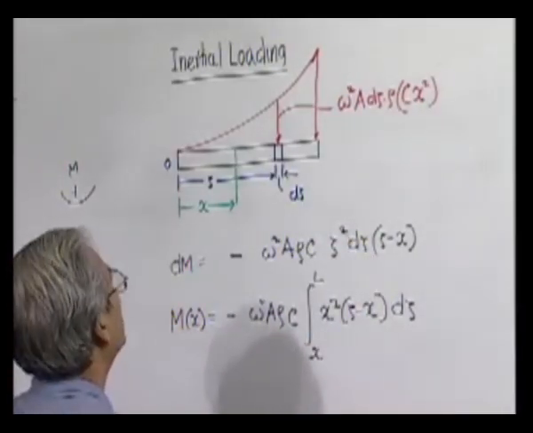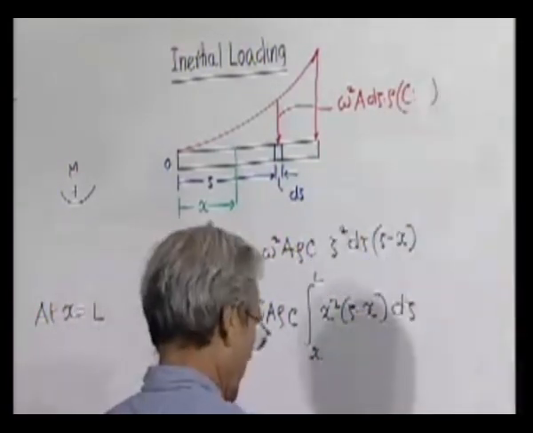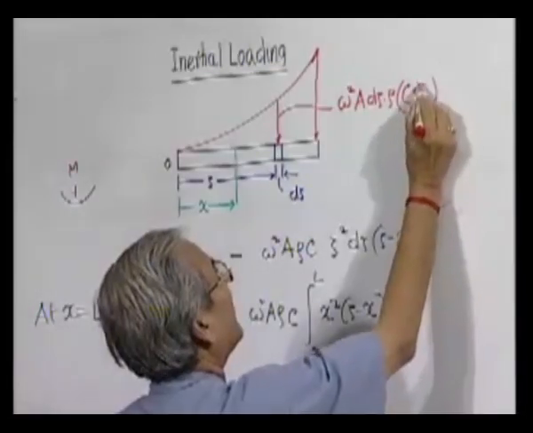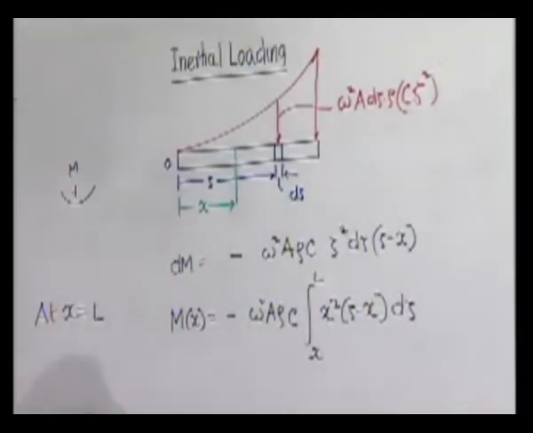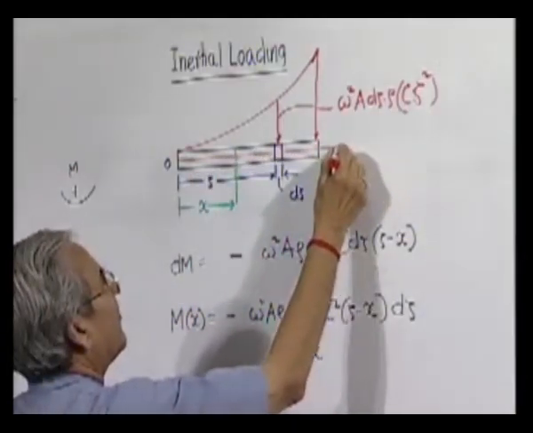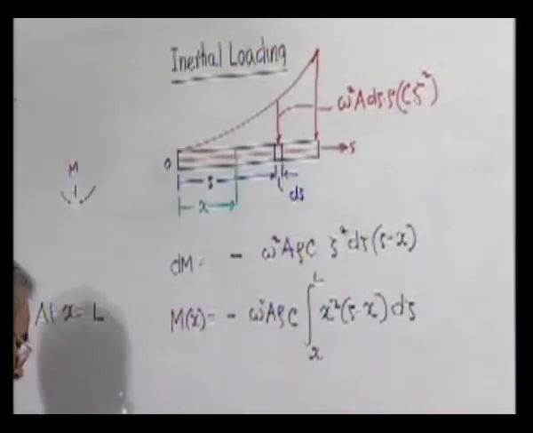So we have taken the coordinate system as zeta, zeta is the variable, not x. x is a parameter.